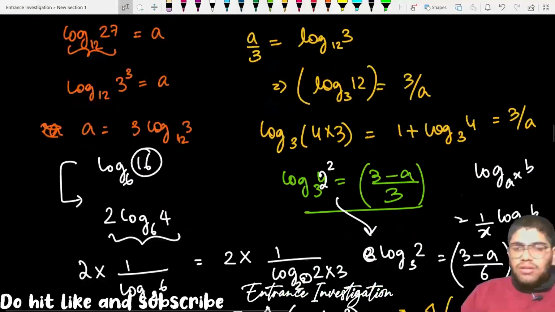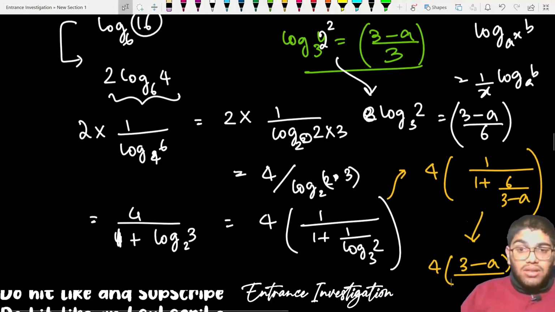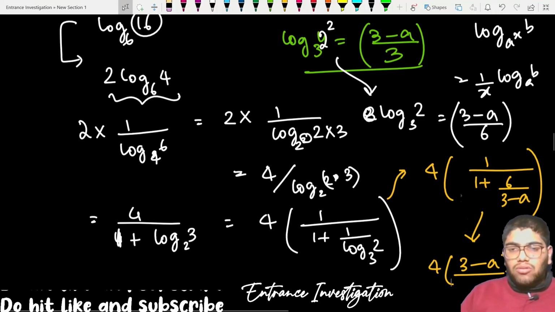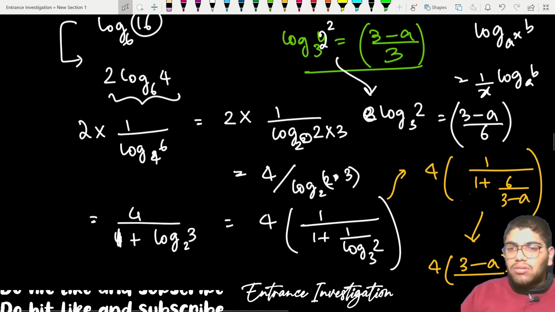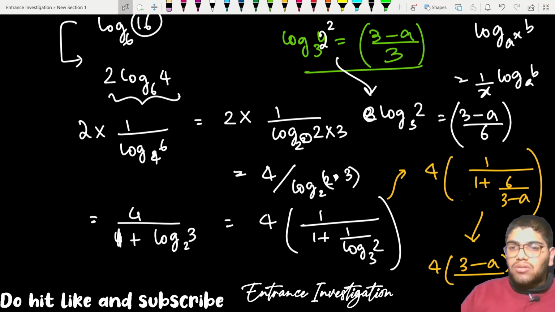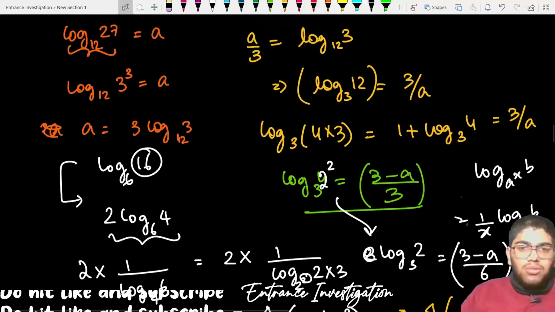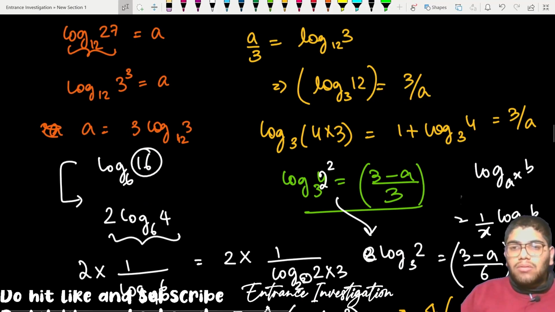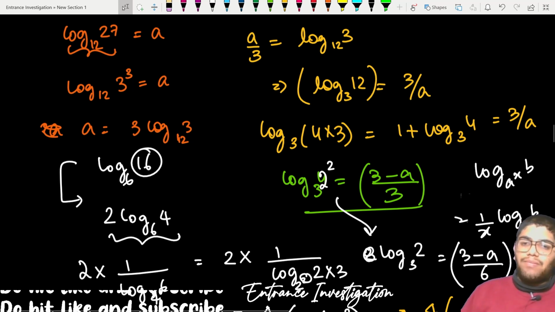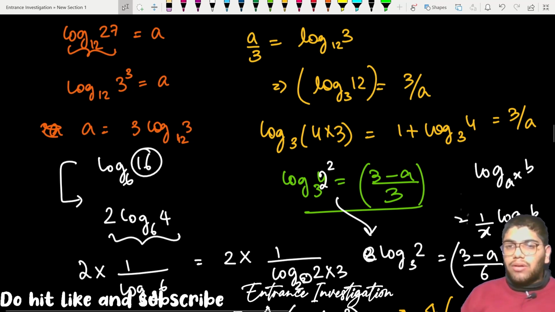I'll proceed, but I guess something is not good. Actually, something is incorrect. So 3 minus a over 6, this is fine. Everything seems to be fine as of now.